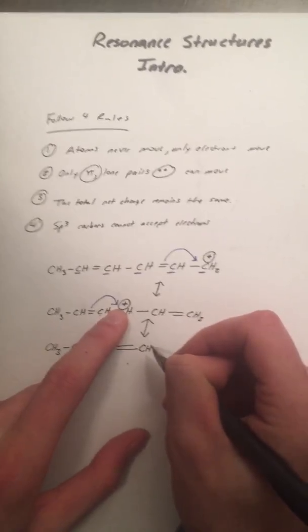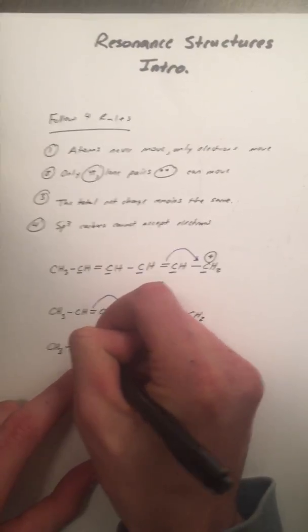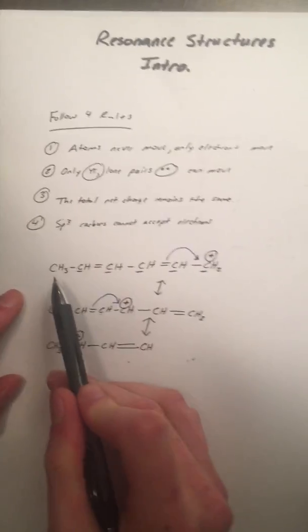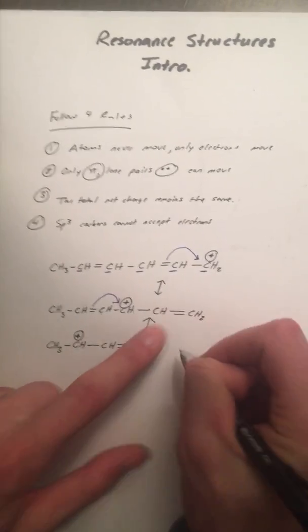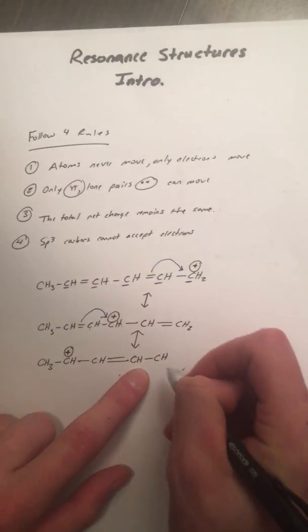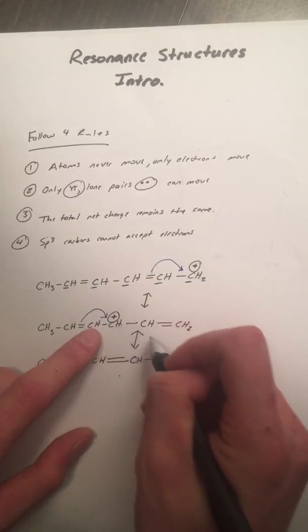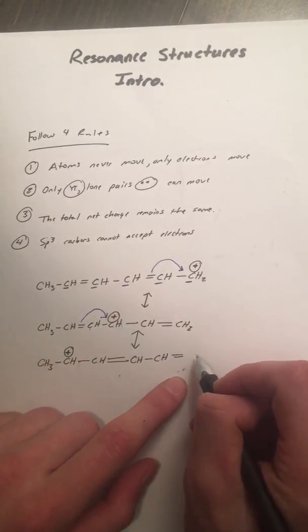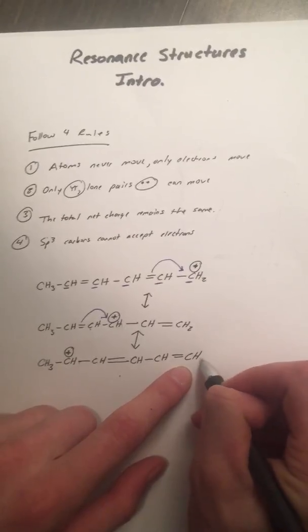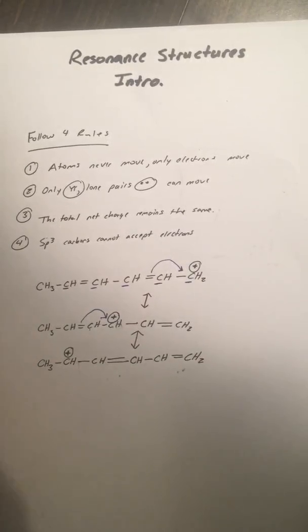So there's no more positive charge here. The positive charge is now on carbon 2, assuming we number 1, 2, 3, 4, 5, 6. This is CH, and so these are 3 resonance contributors.